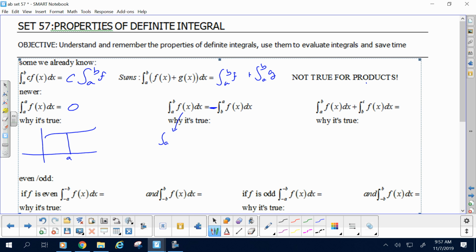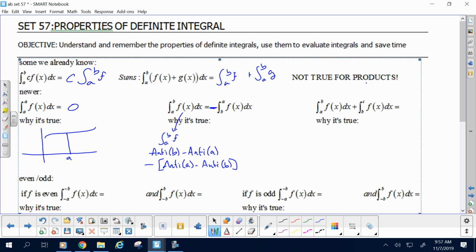Isn't the integral from a to b of f something like the antiderivative at b minus the antiderivative at a? Wouldn't you agree that's how I do that left side? Yes. Okay. Would you also agree that I could factor out a negative and switch the order? Antiderivative at a minus the antiderivative at b, yeah?